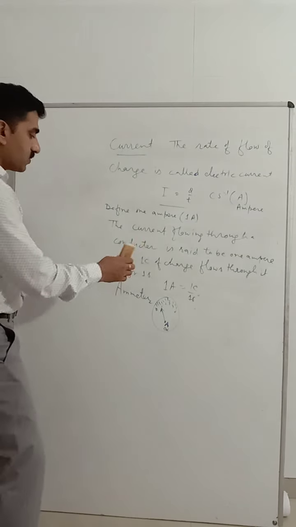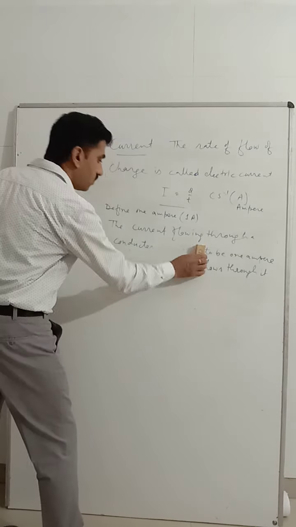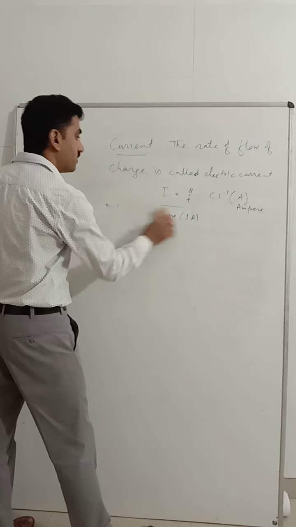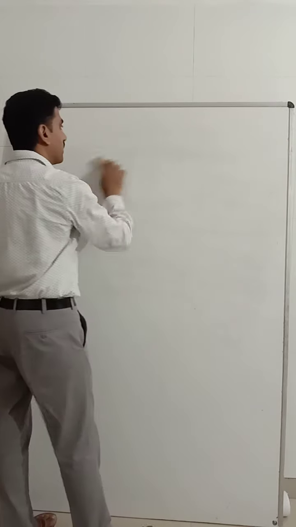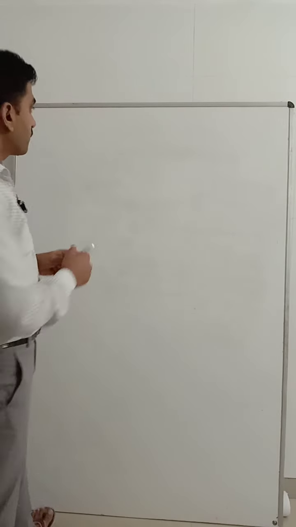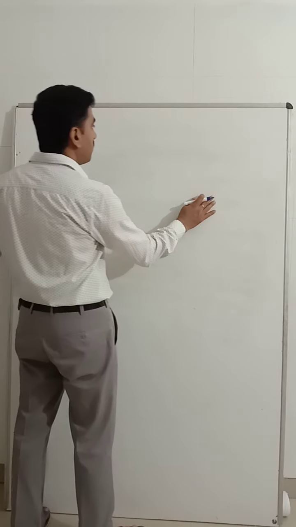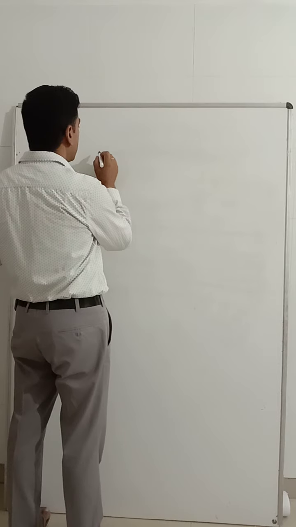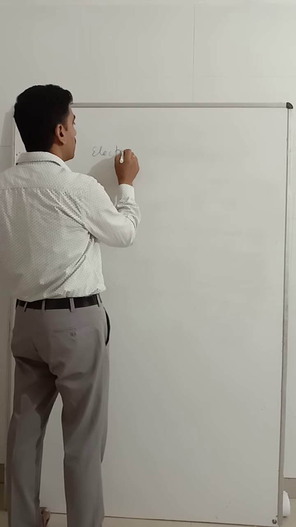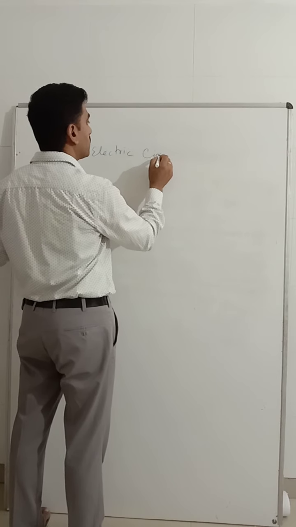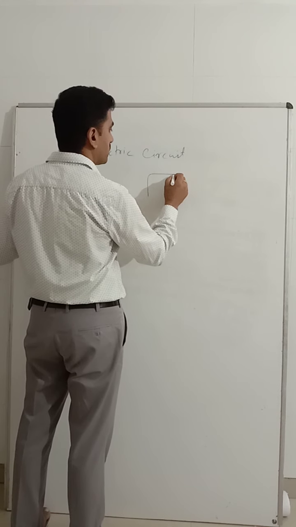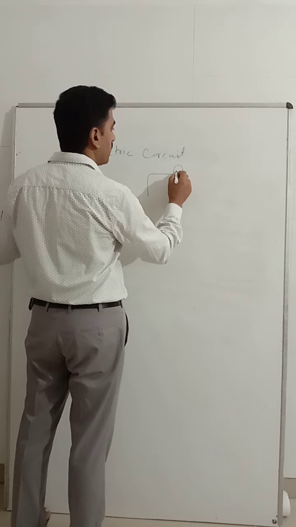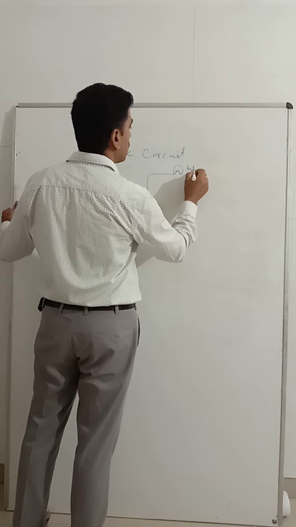Let's talk about the electric circuit and the symbols which we are using. This is your electric circuit which comprises an electric bulb. This is your bulb symbol.